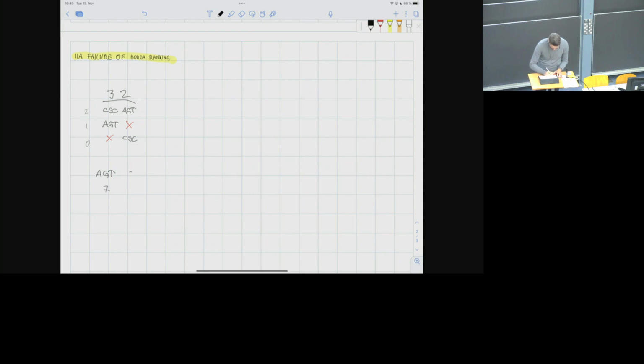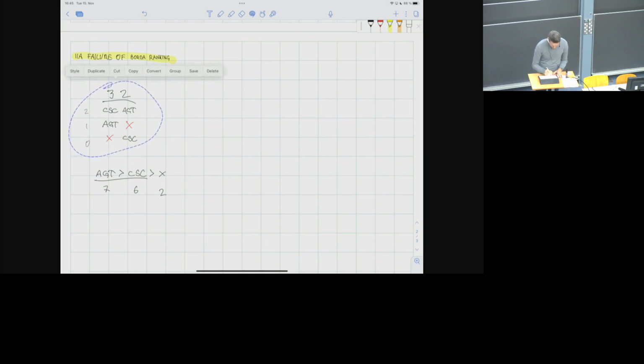The score for computational social choice would be 6. It's just 2 times 3. And that means in the collective preference relation, AGT is strictly preferred to computational social choice. So it seems fair according to this preference profile. And then, of course, course X is ranked last and gets a score of 2. But the point that I would like to make is that AGT is collectively preferred to computational social choice. Okay.